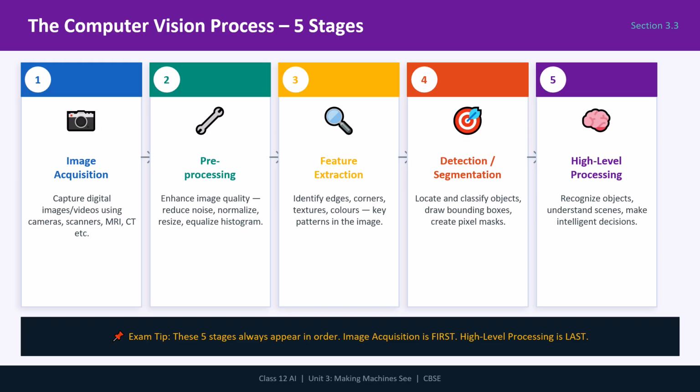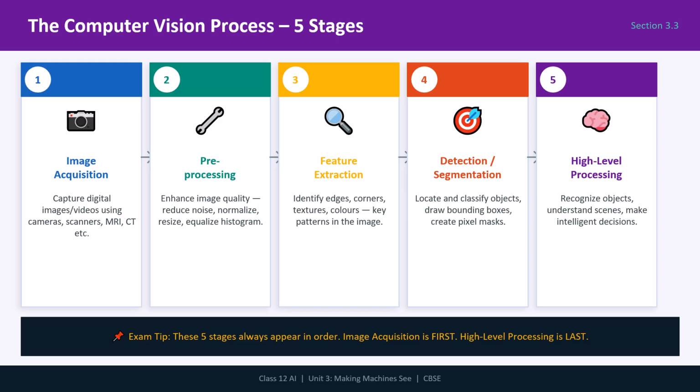Stage 4, detection and segmentation. Find and classify objects within the image. High-level processing is stage 5. Use all that information to understand the scene and make intelligent decisions. Think of it like this. It's an assembly line in a factory.